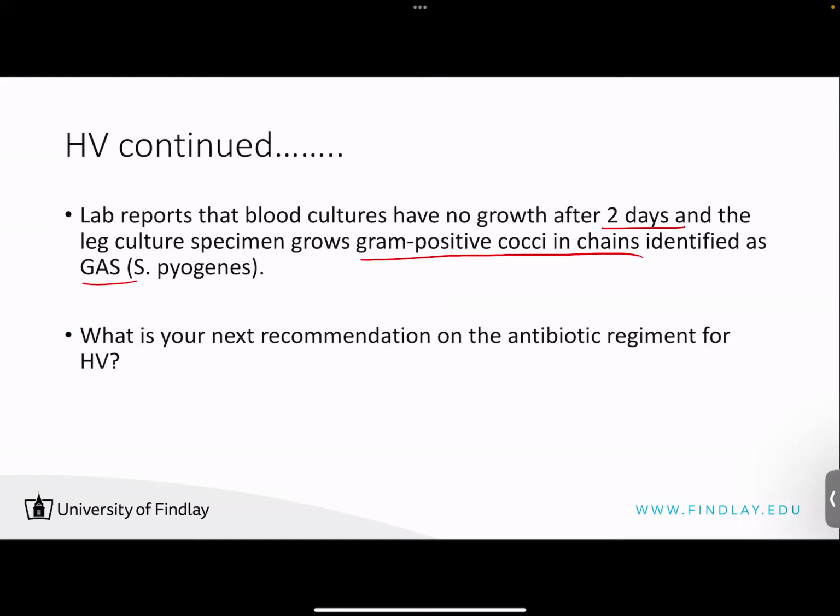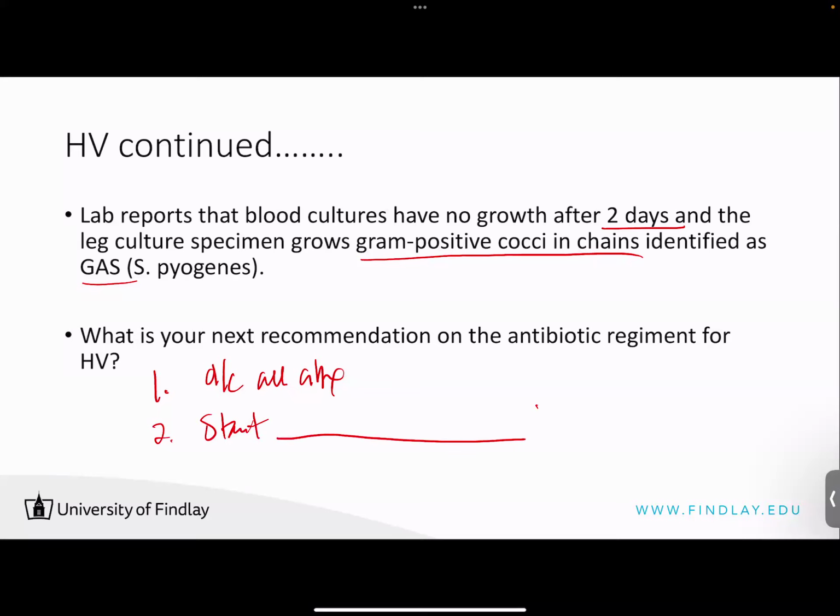What do you do now? What's the first order that you write? Stop all antibiotics, right? Stop the Zosyn and stop the Vanco.